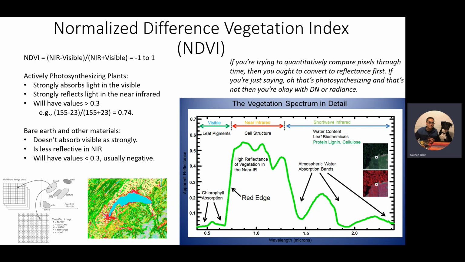Bare earth and other materials don't absorb visible light as strongly, they reflect it. And we can see this, rocks can be shiny. And they also are less emitting in the near infrared. So they generally have values of less than 0.3, often negative.